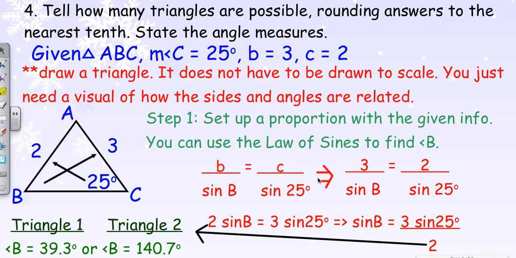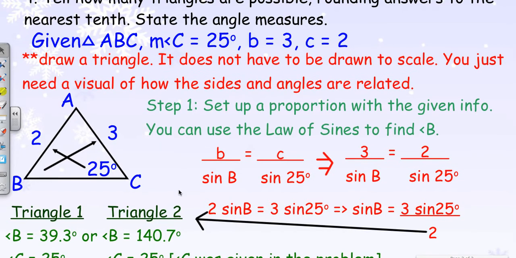I just want to find out what angle B could be. When I cross multiply, sine B is equal to 3 times sine 25 degrees divided by 2. Again, I'm looking for the angle, so you need to use the sine to the negative 1, the arc sine, to find your angle. I'm hoping that on your calculator you got 39.3 degrees.